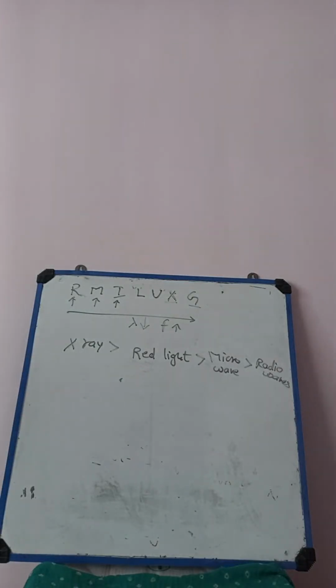X-rays are greater than red light, red light is greater than microwave, and microwaves are greater than radio waves. Writing the descending order properly, you will get 2 marks. For that you should know the mnemonic, in which direction lambda increases and frequency decreases, and remember that.